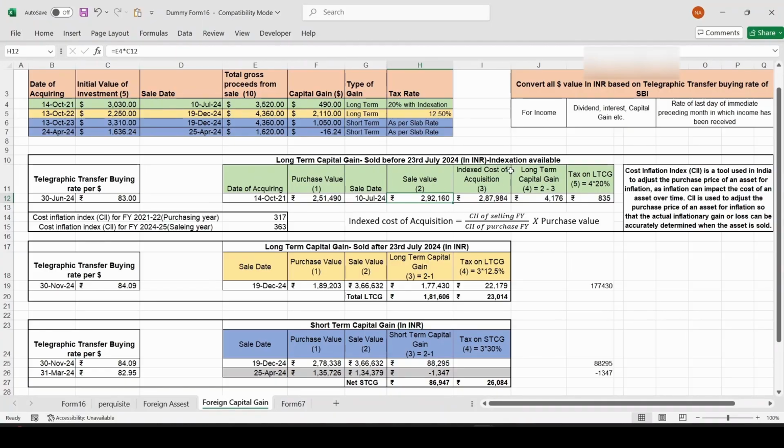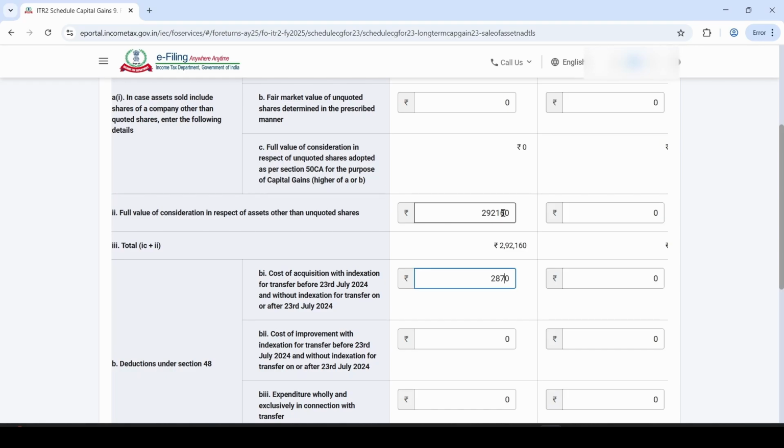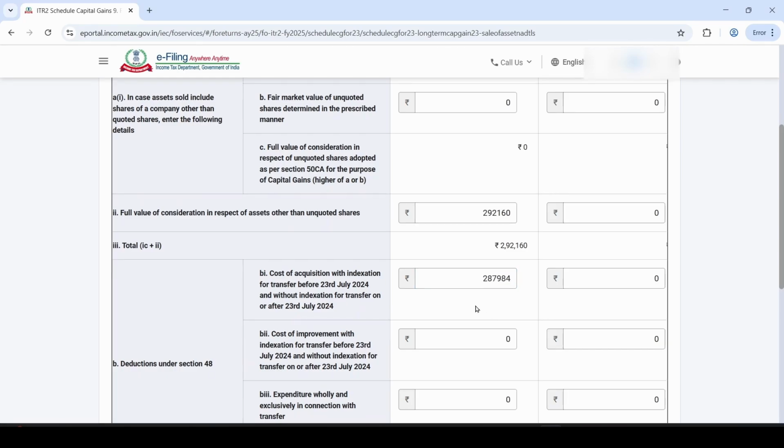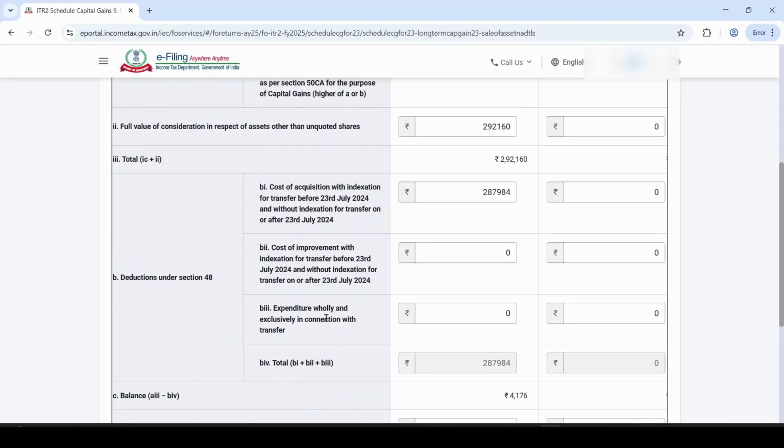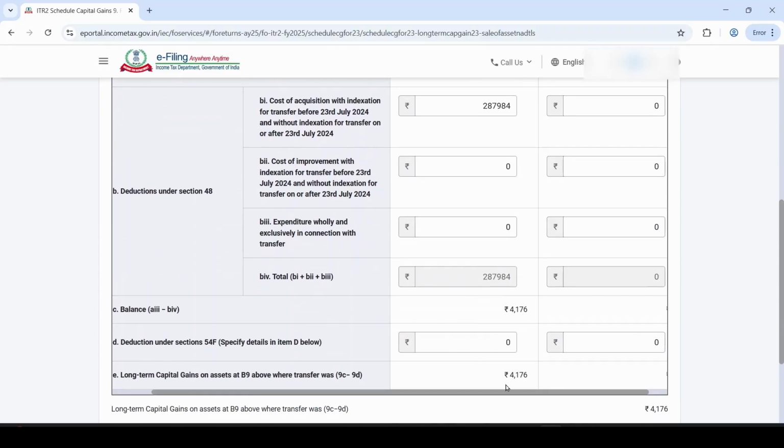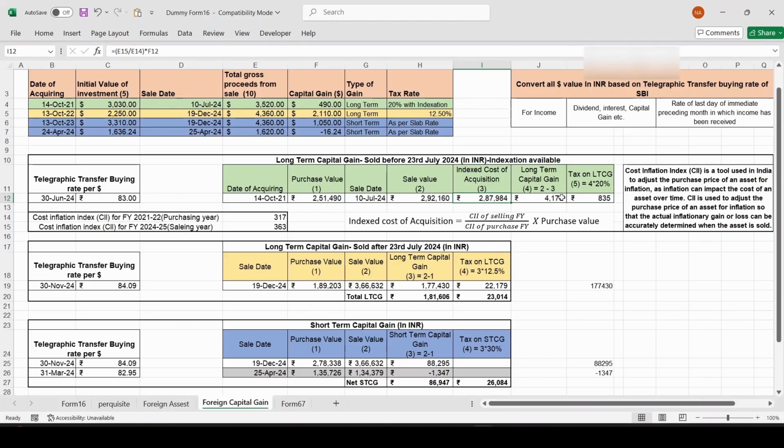So in this case, our purchase value will be the index cost of acquisition, 287,984. And if you have incurred any expenditure in connection with transfer, you can mention it here. In my case, it is 0. So my long-term capital gain, for shares sold before 23 July 2024, is this. It's matching with our value.